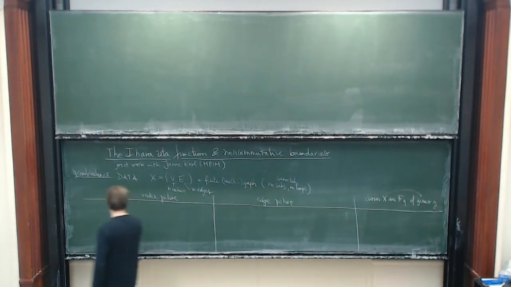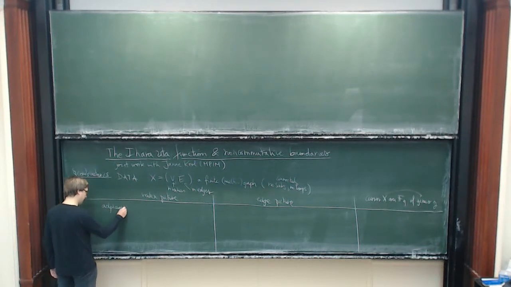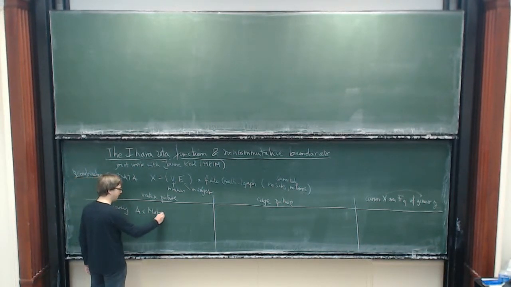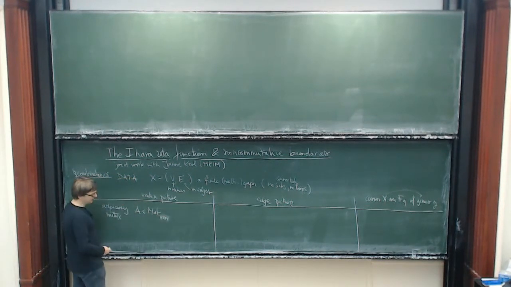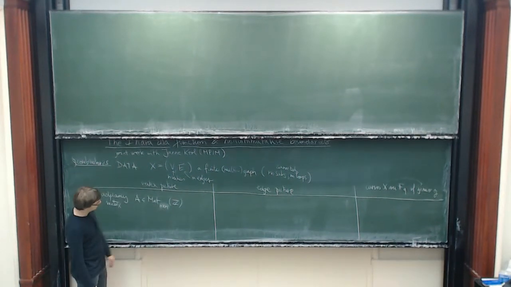In the vertex picture, there is a matrix. It's very important, the adjacency matrix A. This is a matrix which is vertex number of, oh yeah, we have a letter for this, n. It's an n by n matrix. It has entries in the integers, actually in the natural numbers.